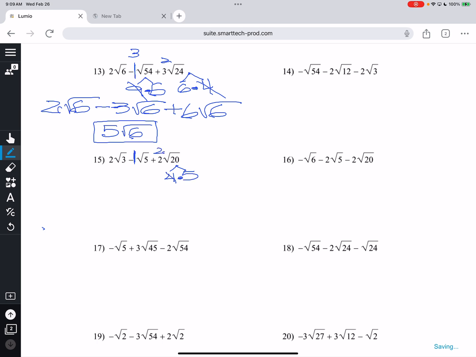All right, so we have 2 radical 3 minus 1 radical 5 plus 4 radical 5. So what's our final answer? 2 radical 3 plus 3 radical 5. Yep, 2 radical 3, and then negative 1 plus 4 gives us 3 radical 5.